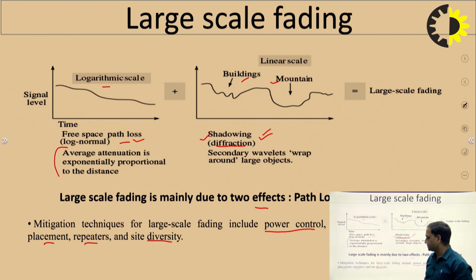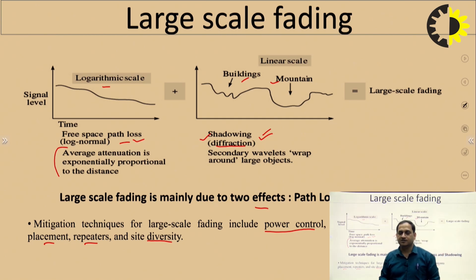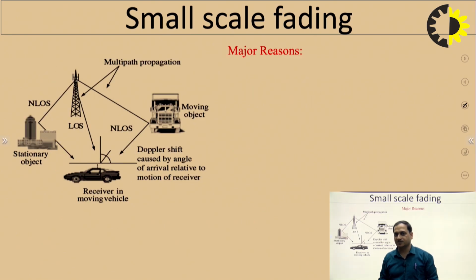These concepts can be utilized for mitigating the intersymbol interference, and based on that we can also reduce the large scale fading effect. Okay, so ISI is one of the major factors in the wireless communication system which we have to mitigate.